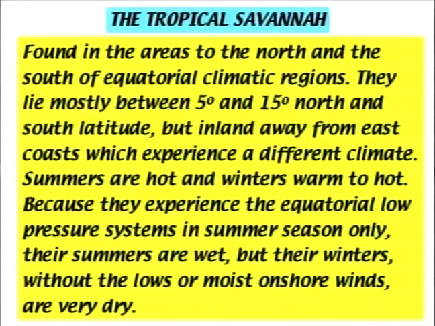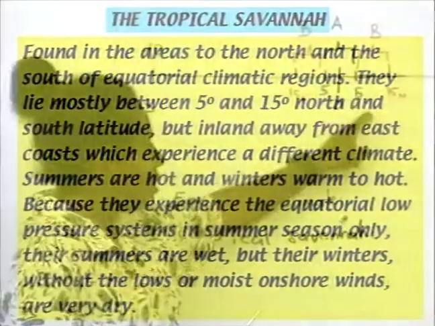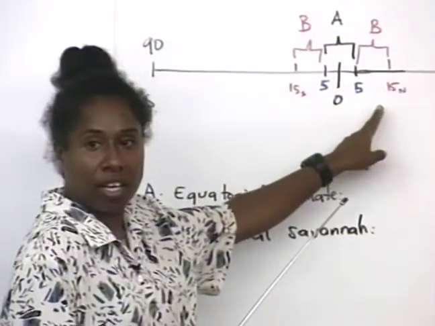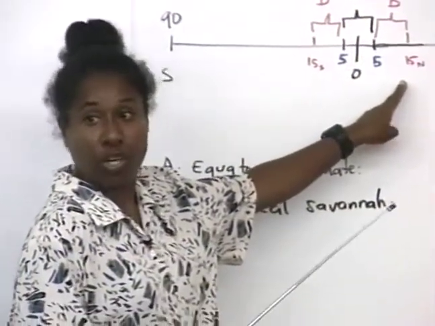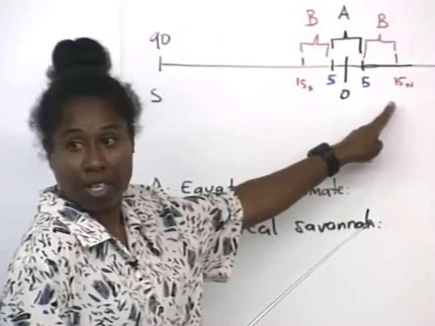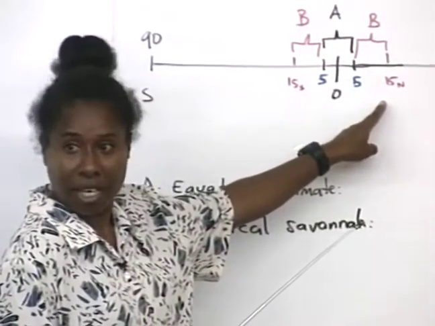Therefore, if you were living between 0 to 5 degrees north and you were on the eastern coast, then your climatic type will not be tropical savanna. It will be a different climatic environment.